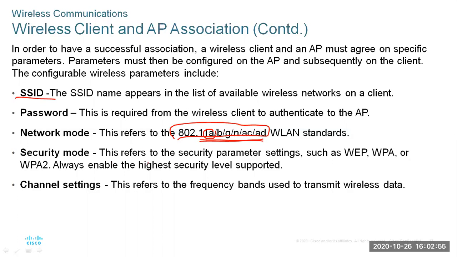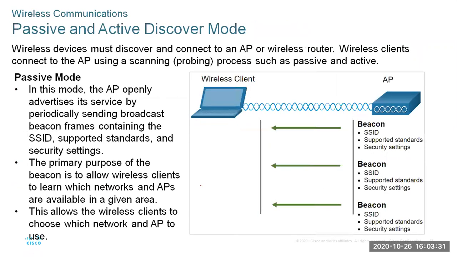The security mode refers to the security parameter settings such as WEP, wireless encryption protocol, or WPA, Wi-Fi Protected Access, or WPA2, and you should always enable the highest level of security supported. Then the channel settings refer to the frequency or band that this transmission will use. Usually channels 1, 6, and 11 are free, I think so. They're usually free. The others are not, so it can move around.